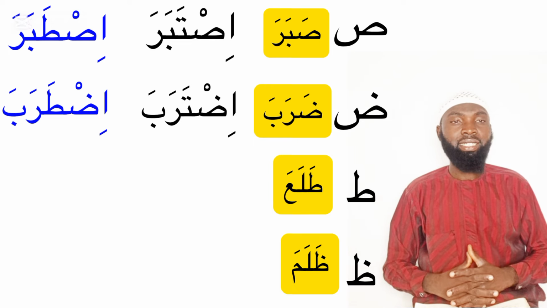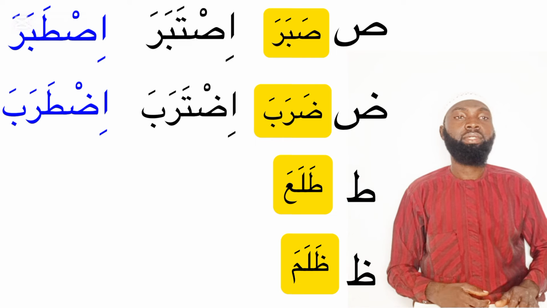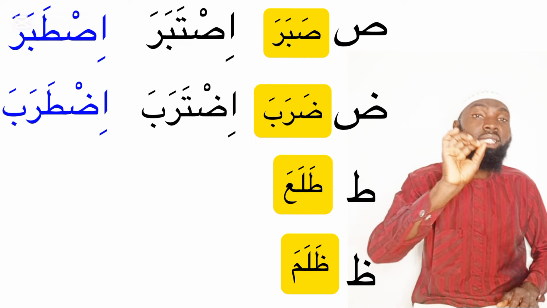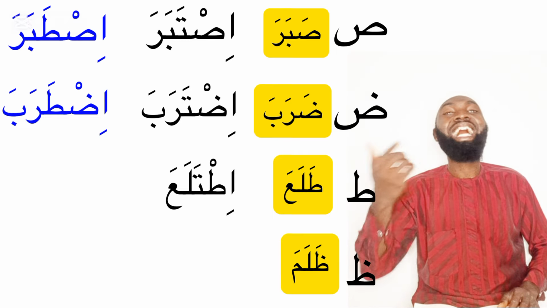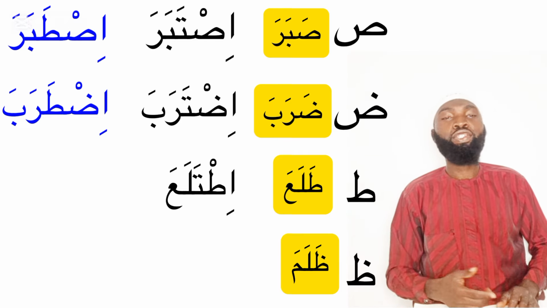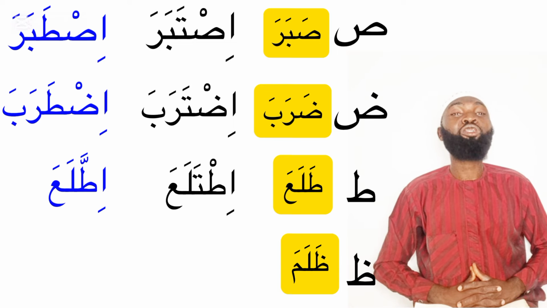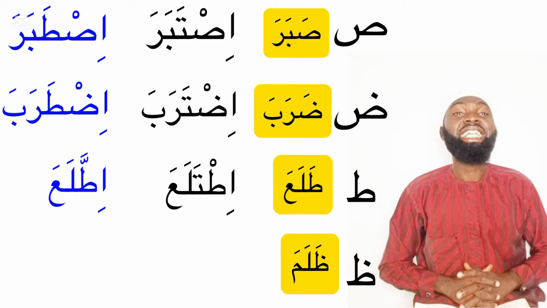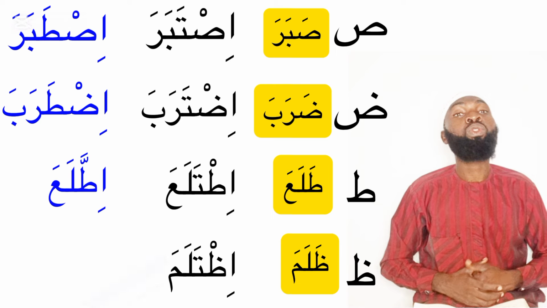Now look at the next one, which is tala'a. It would have been itala'a, but we change the ta to give you ittala'a. Then the last one, which is zalama, it will be iztalama, but to avoid difficulty, it will be izdalama.